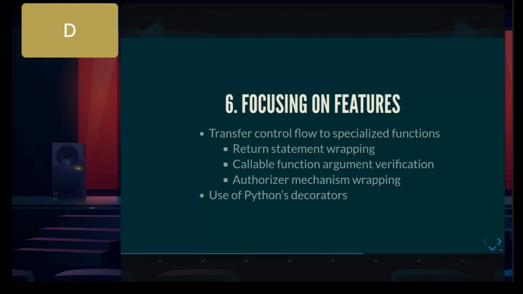Another specialized function provides an argument verification layer before calling the targeted function. The developer has to describe the format of the arguments, but he doesn't have to write code.